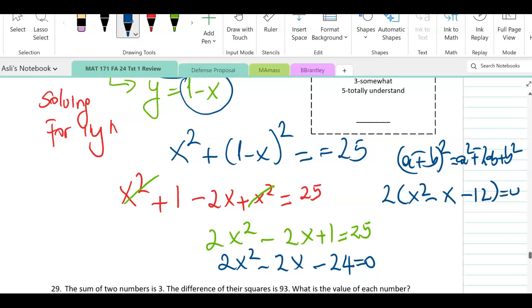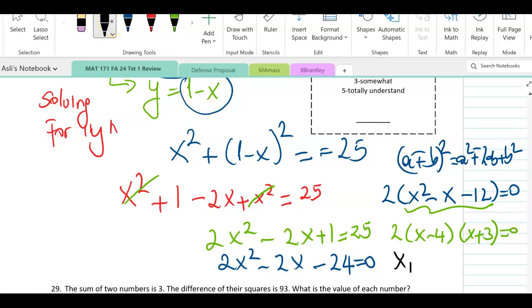All right, so then if we factor here, that will be x minus 4 and x plus 3 equals 0. So one will be 4, the other one will be -3.